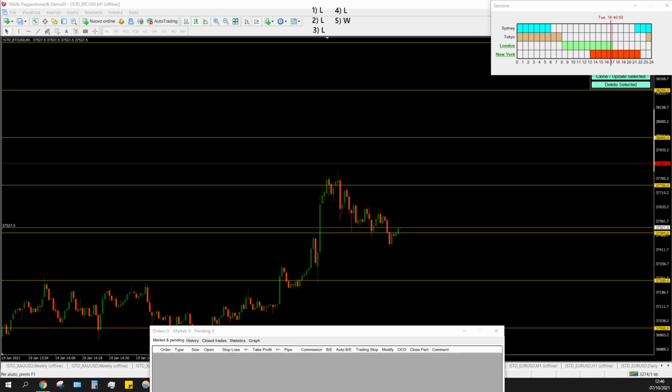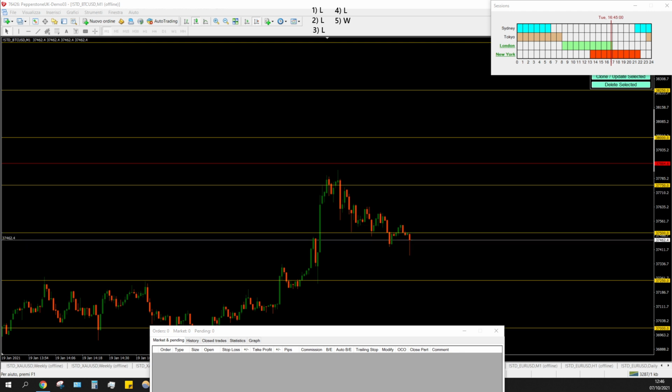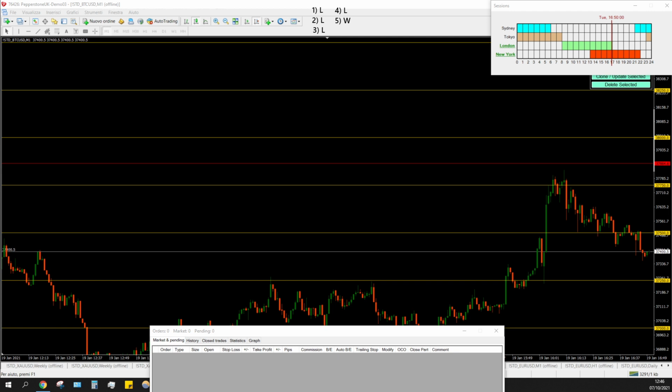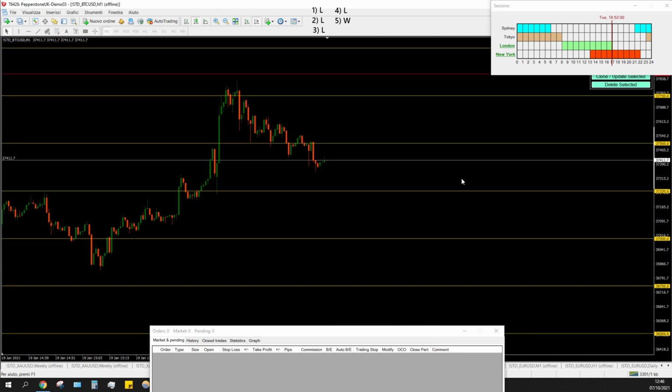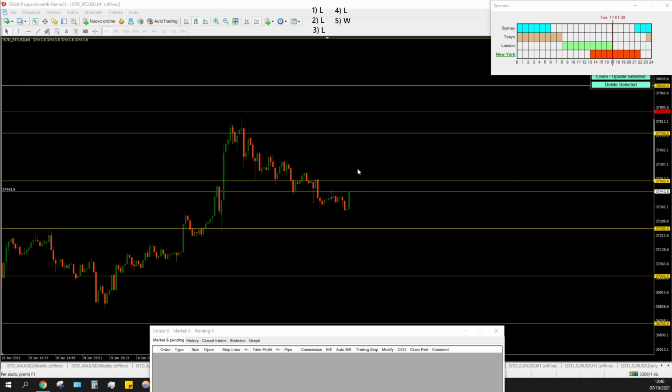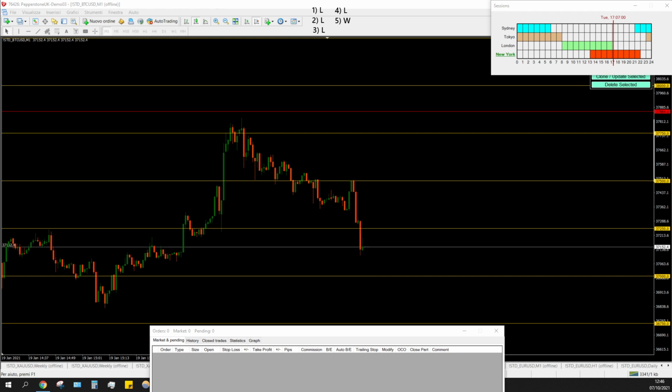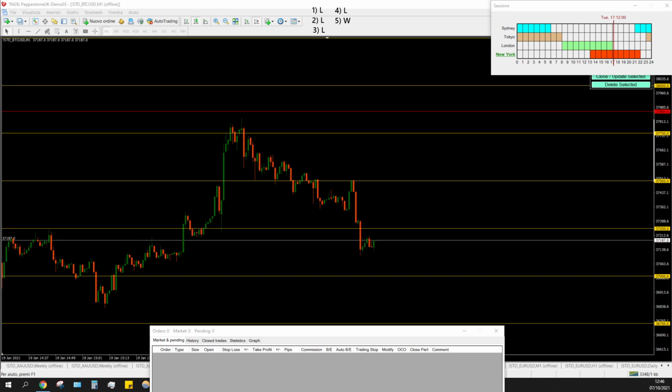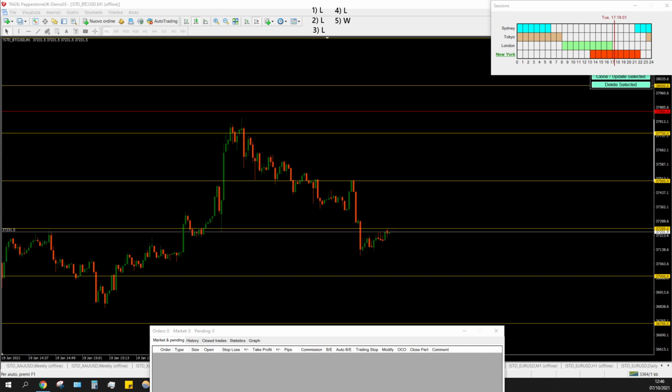And we get topped out at break even. As you can see, there's not much buyer pressure left. Okay, so this is it. This is London close. We might see some more volume. The candles are nice. The bearish pressure is strong. No, I see no setups, no candle setups here.